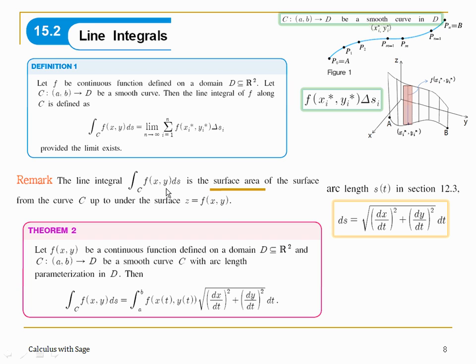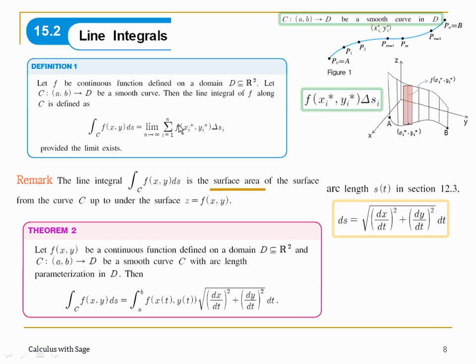When you have a line integral of one variable, you are able to find the length of the line. But if you have a two variable function, then this line integral gives you the surface area. If the function f of x, y has this shape and you integrate on C from A to B, then f of xi star, yi star is the height at some point in here, and delta S is this piece.